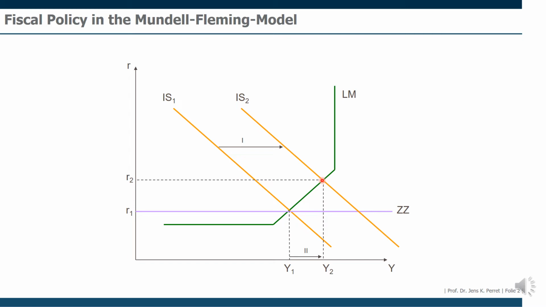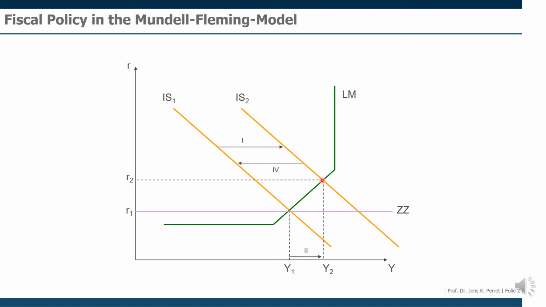Well, if the demand for euros increases, this would actually impact the exchange rate. The value of the euro would increase, the euro would appreciate, if it actually can. And that's the question, whether we have fixed or flexible exchange rates. In this example, I'm just assuming we have flexible exchange rates.